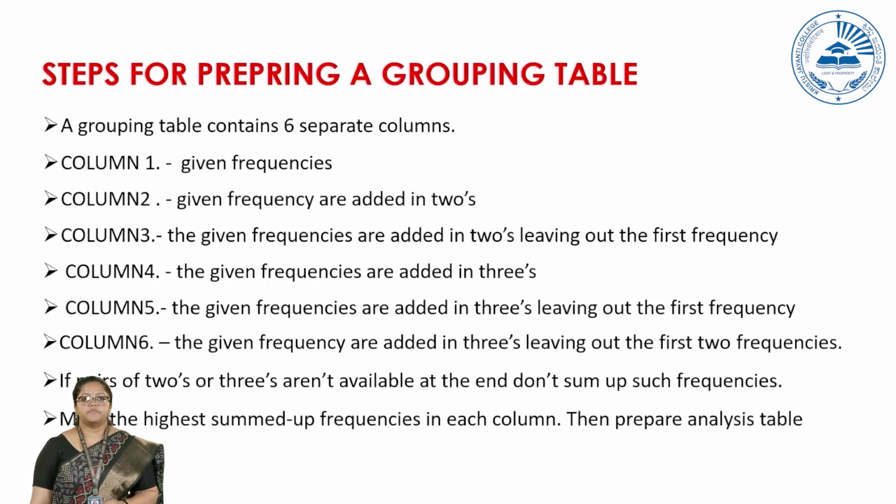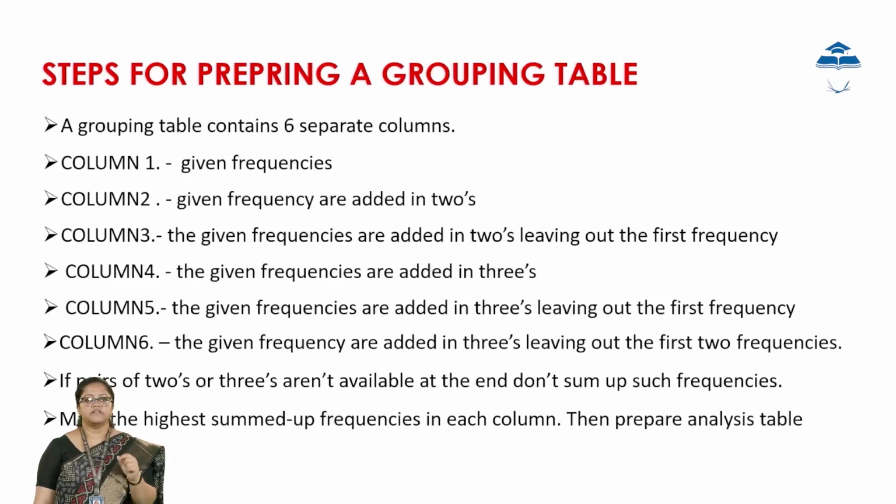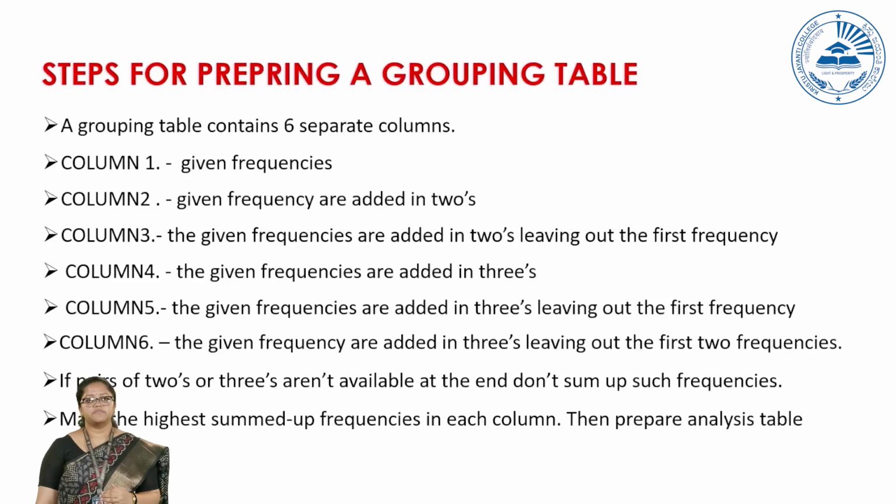For the steps of preparing a grouping table, first we will create a table with 6 separate columns. In the first column we mention the given frequencies. In the second column we club 2 values, add them, and give that summed frequency value.